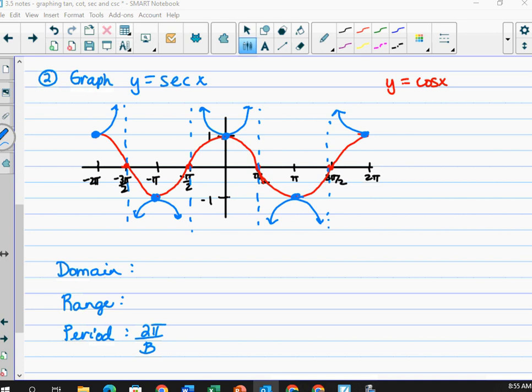Yes, we always just write 2 pi over b for sine, cosine, secant, and cosecant. Tangent and cotangent have a different period, which is so easy to mess up. I'll show you. We're not there just yet. All right, guys, do you have the domain written? Not yet? Okay.